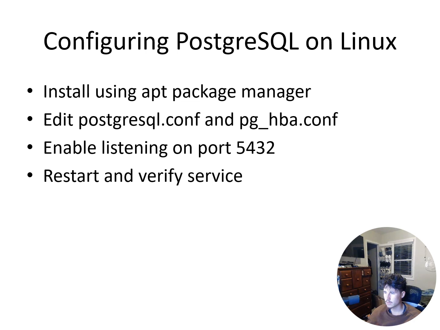The two most important files are postgresql.conf and pg_hba.conf. The first file manages general settings such as which IPs the database listens on and which port it uses, by default port 5432. The pg_hba.conf file controls authentication methods.